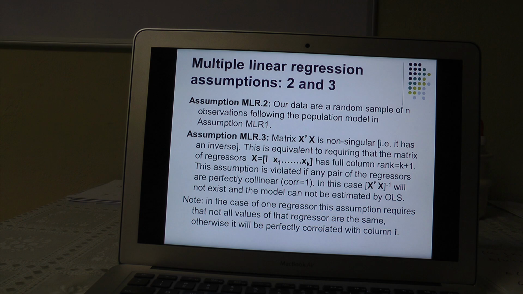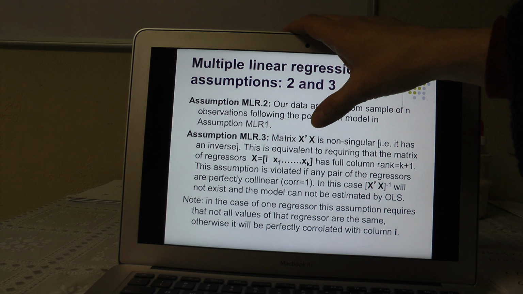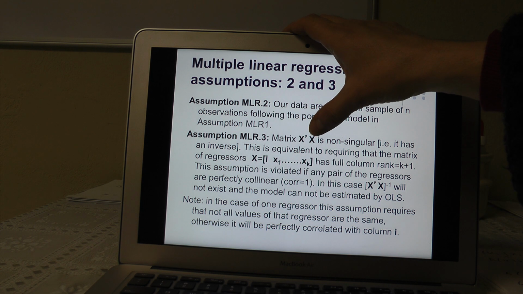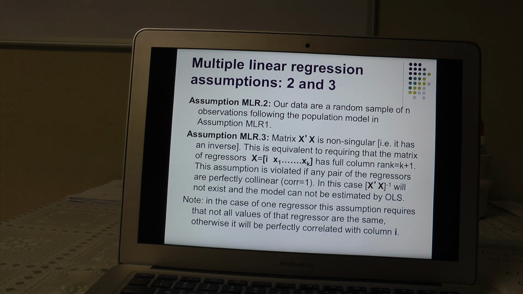Assumption number 3. This was a pretty technical assumption back then, and it is still here. Back then, if you remember, it just said that not all values of your variable x were the same. What it ruled out, as you already saw in the previous half of the lecture, is that X prime X has no inverse. Now we want to restate this assumption for a more general case.